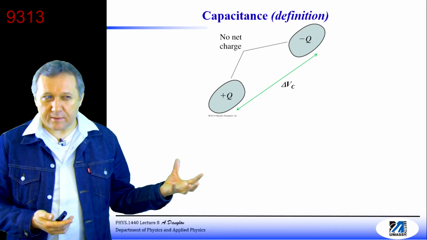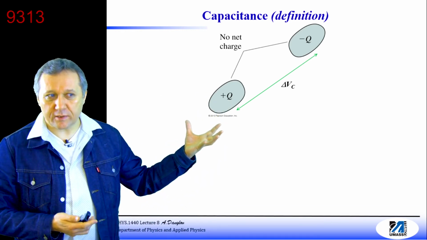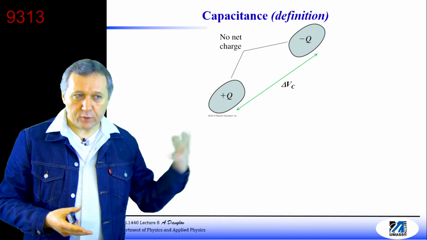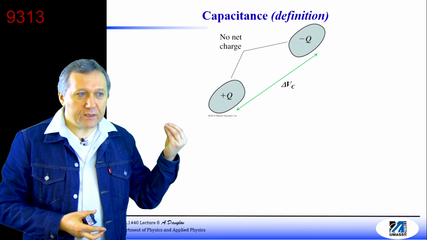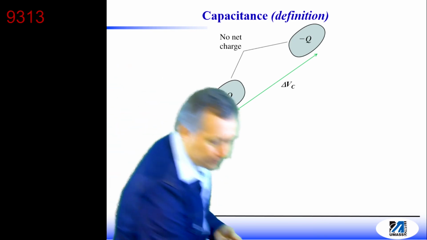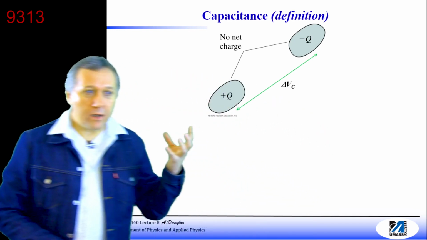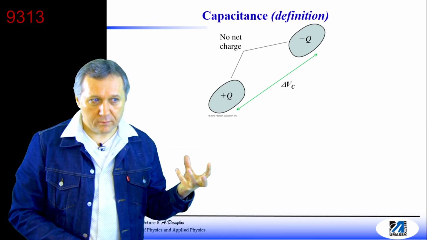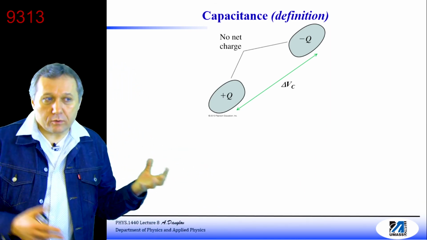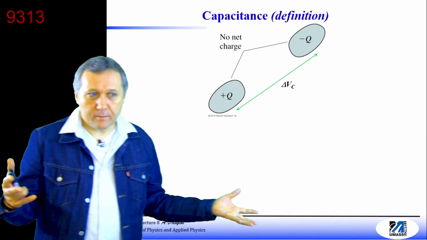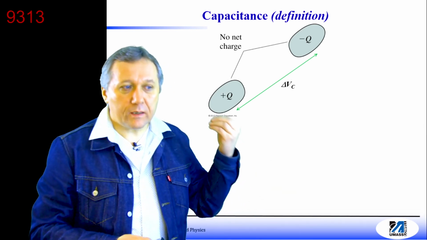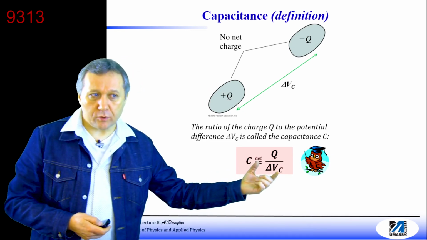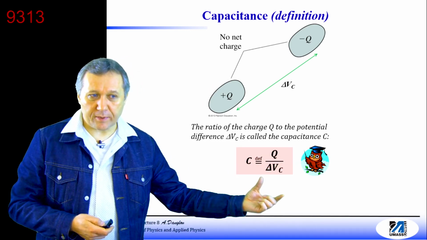Assuming that you don't change the system, except for increasing or decreasing charge, that ratio is some intrinsic property of the system. So let's give it a cool name, and that name is capacitance. Capacitance, by definition, is the ratio of the charge versus the potential difference.